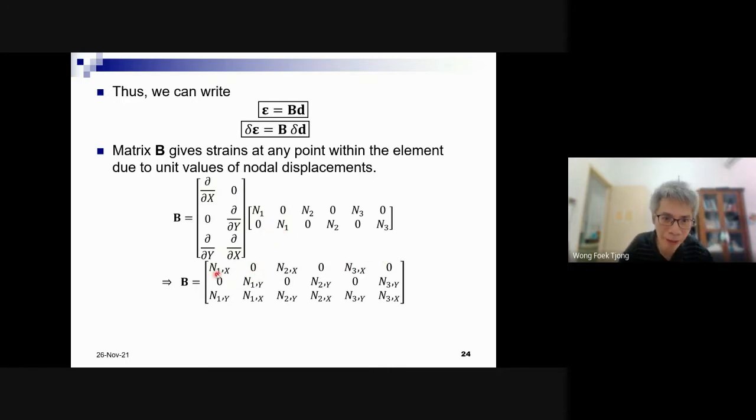Comma means partial derivative. What I mean by comma here is partial derivative of the shape function to x, and so on. So this is the B matrix.